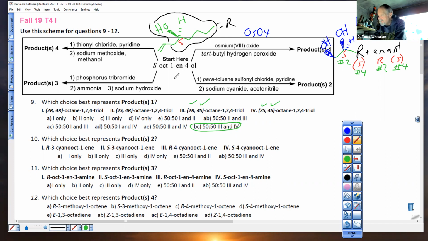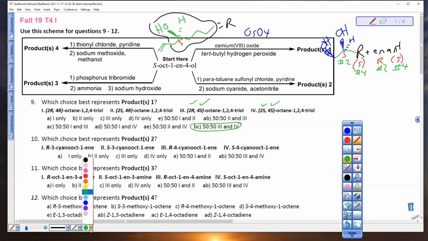Moving down here for product 2, your alcohol in R group is going to be converted to a toluene sulfonate ester. The most important thing here is the stereocenter stays S. This just puts an ester on the alcohol. So I'll just show step 1.